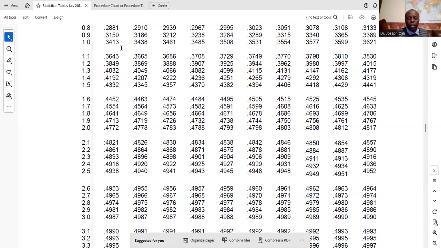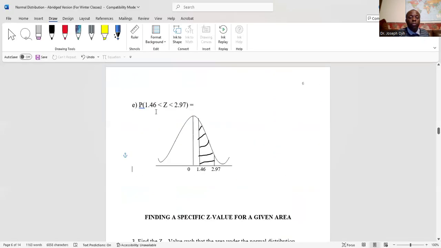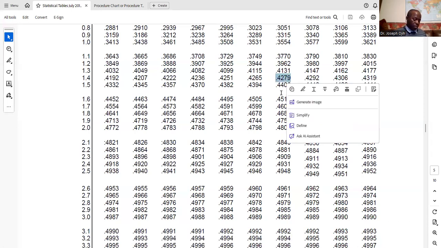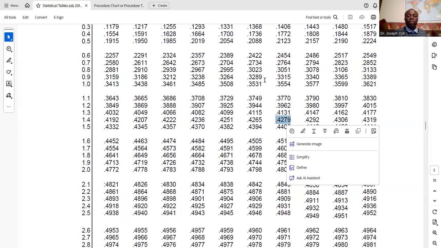1.46, yeah. 1.4 under 6. Okay, you see, come under 6 right here. So I have both of them, so I'm going to write them out. We subtract from the other one.